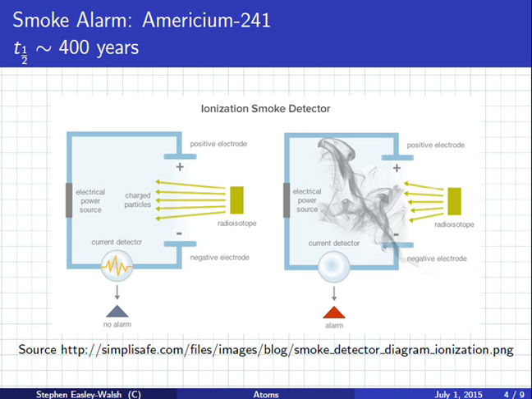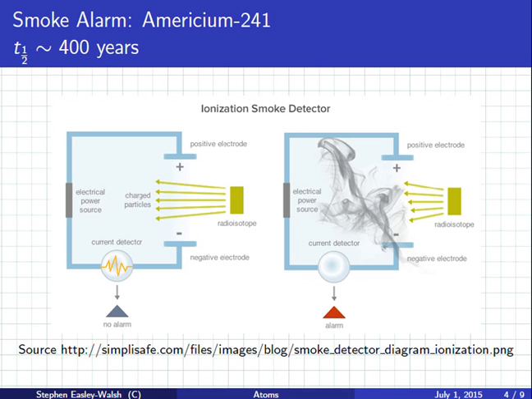The radioactive source ionizes the molecules in the air. You can even just say the air. Okay. And the electrons will be released, and they will be attracted by the positive plate. Yes.